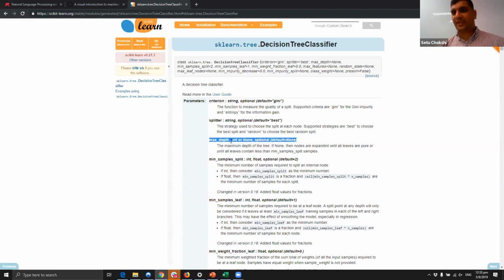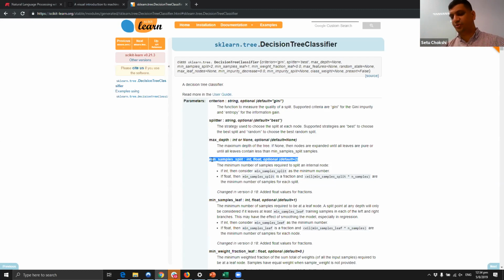Max depth. This is also a concept that you now understand: if you keep going deeper and deeper and deeper, the chances are that you will end up overfitting. So you can control your max depth based on your knowledge or the structures that you know about. The next one is min sample split.